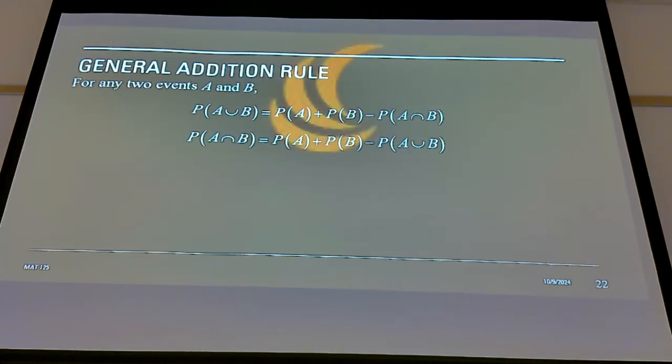Rearranging this, you can get the probability of A intersecting with B as the probability of A plus the probability of B minus the probability of A union B. I mean, do all of this to make it like I get it without the second part of it. What do you mean the second part?